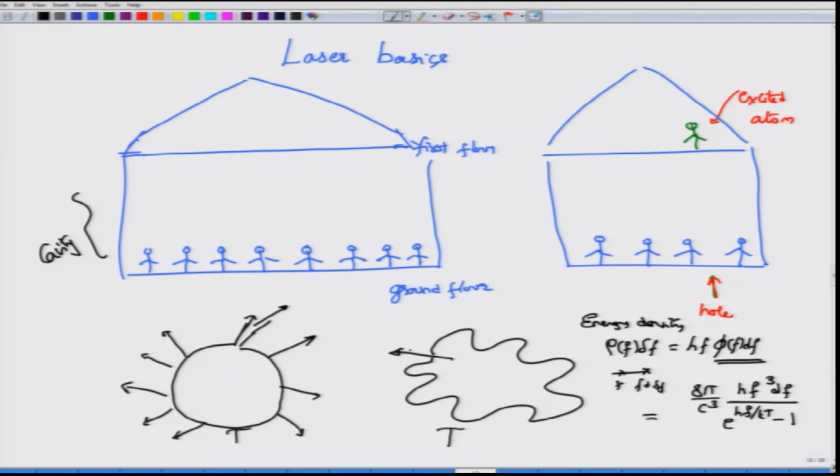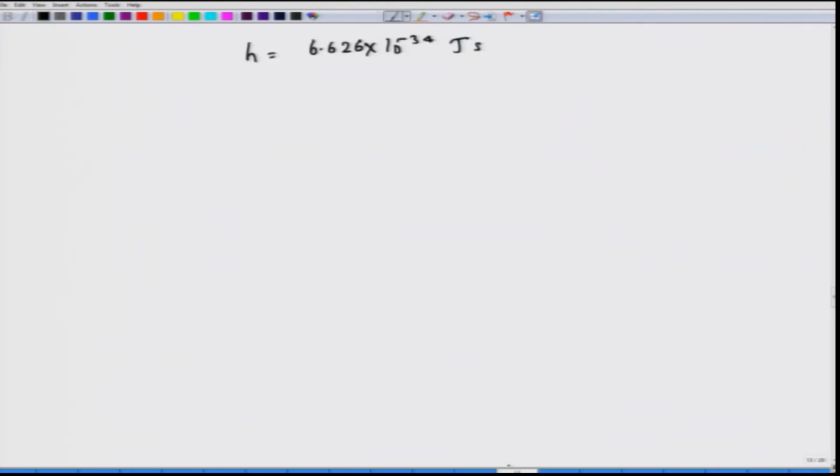The history of this quantized radiation is something that we do not want to go into, but some names like Rayleigh-Jeans law and Wien's displacement law are all associated with the same thing that Max Planck worked on, and his ideas of radiation quantization have led to the development of quantum mechanics, something that you already know from your 10th, 11th and 12th class physics, or maybe in your engineering first year as well.